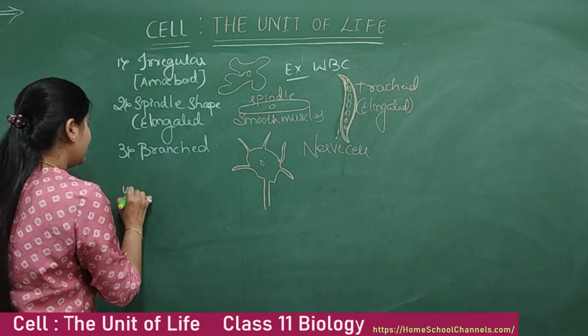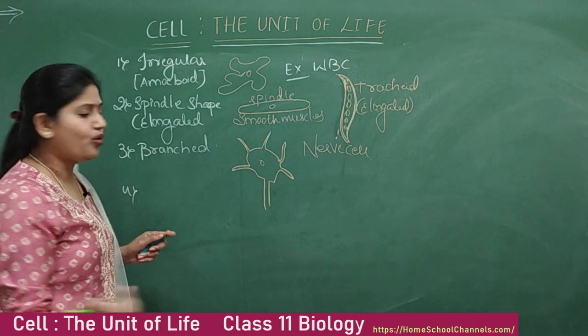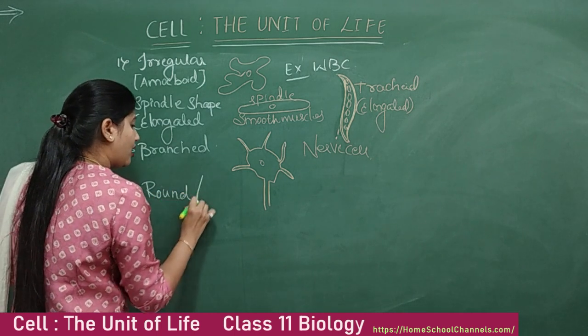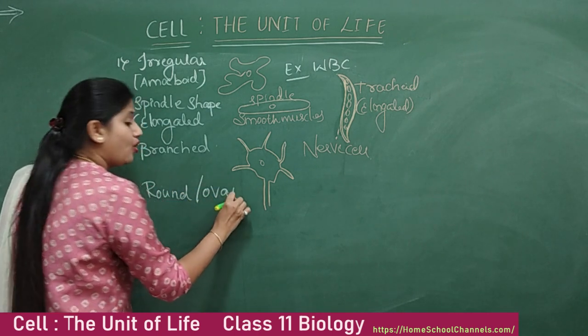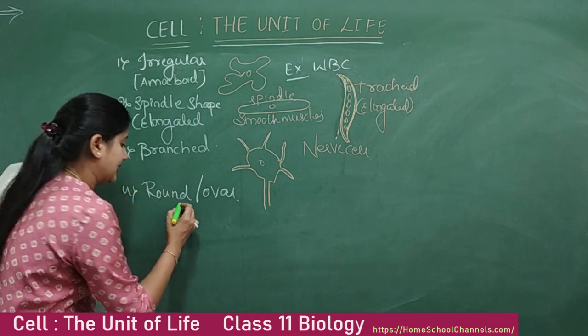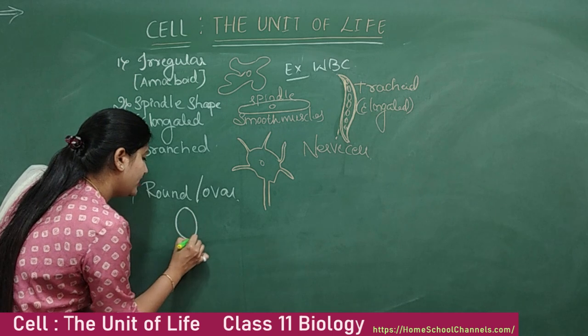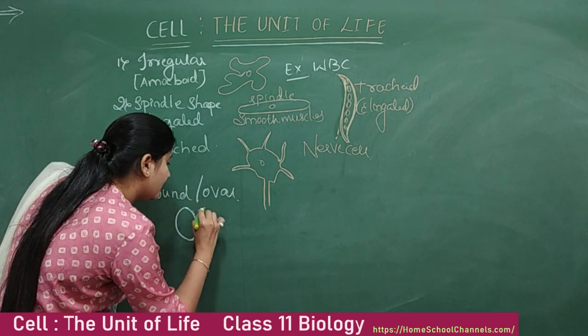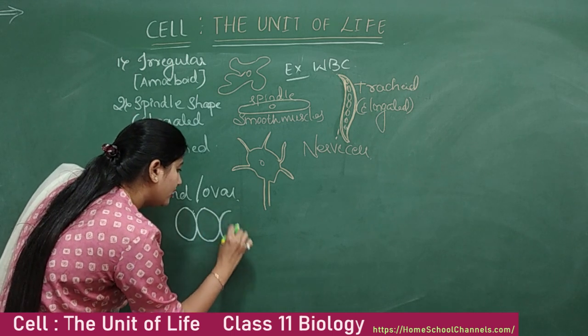And if you see very simple ones like round or oval shaped cells, round or oval shaped. An example for this is mesophyll cells. So if you have observed, we have studied it in the previous chapter, isn't it? The cells are round or oval.